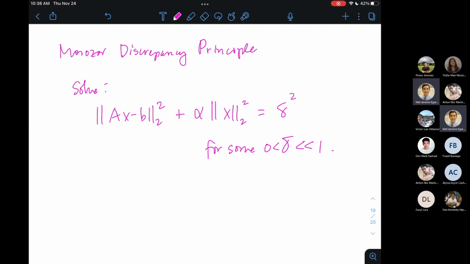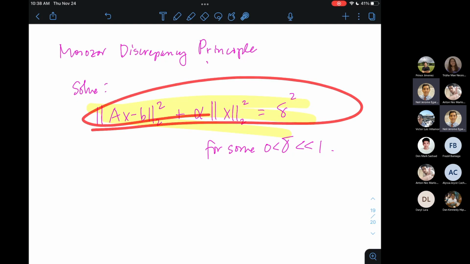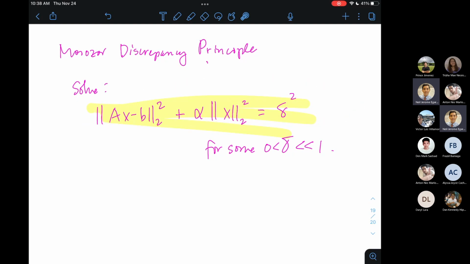All right. So sinasabi ni Morozov discrepancy principle, huwag kang mag-L curve. Isolve mo na lang itong nonlinear equation na yan. Right? So maging nonlinear equation siya kasi ito ay sum ng squares. Tapos ito ay sum din ng mga squares times alpha. So this is nonlinear. Actually, this will entail a lot of quadratic terms, right?